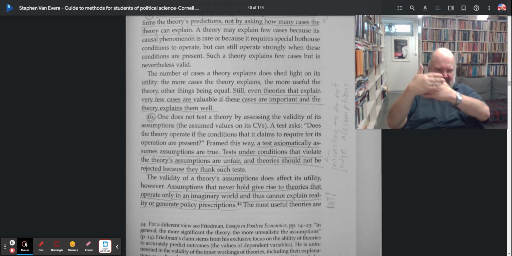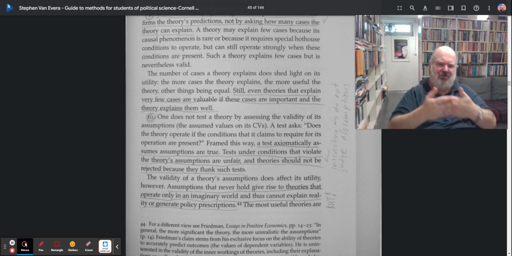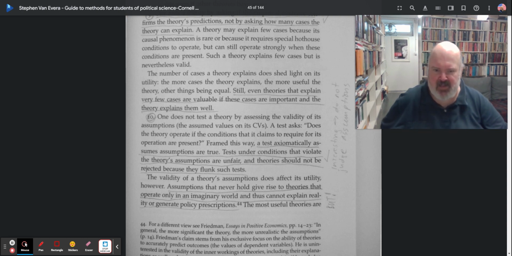If you test it by saying, well, this is not so, and therefore your theory is wrong, no, that's an unfair test, right? A test axiomatically assumes that this is true. Tests under conditions that violate the theory's assumptions are unfair, and theories should not be rejected because they flunk such an unfair test.